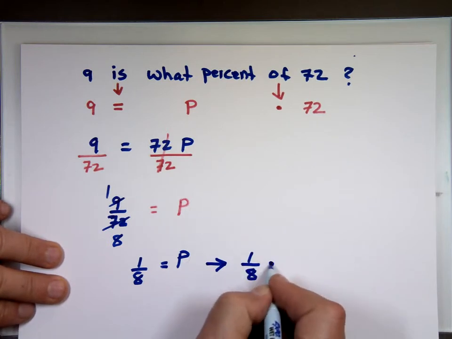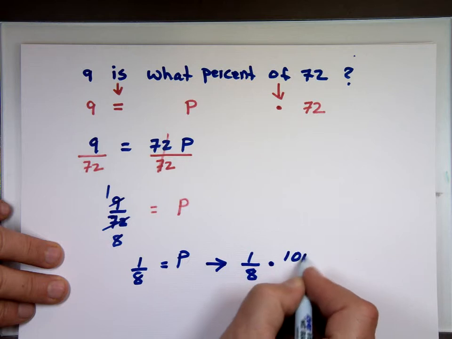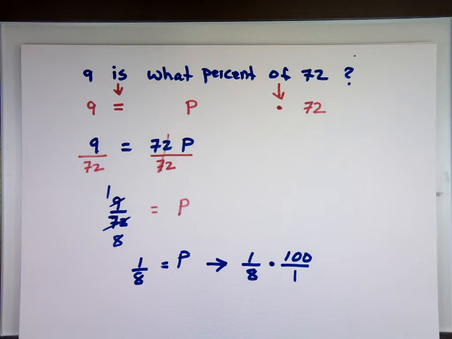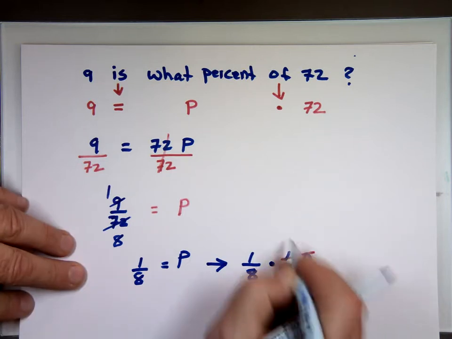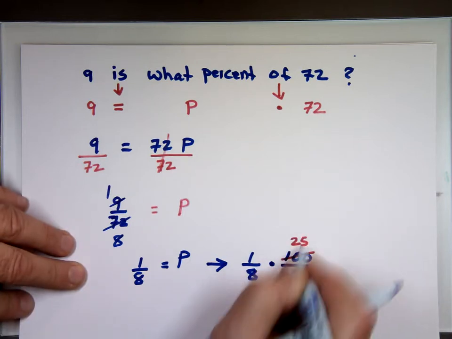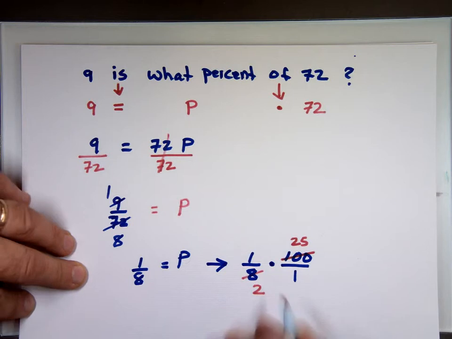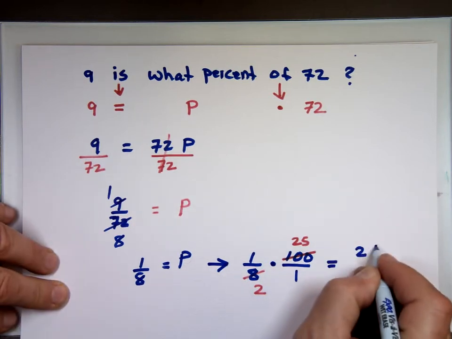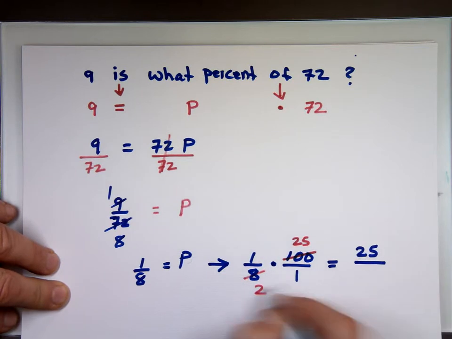We're going to multiply it by 100. The 100 is 100 over 1. You can divide by 4. By 4, this is what? 25. By 4, this is what? 2. 1 times 25, which is what? 25. 1 times 2 is 2.